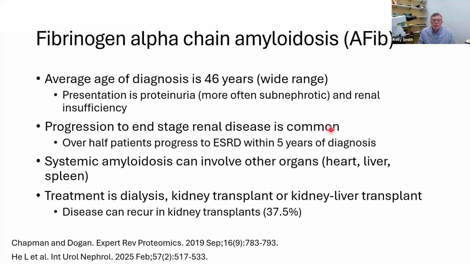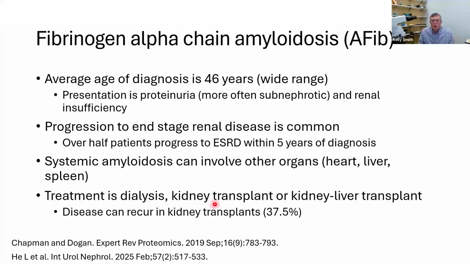Progression to end-stage disease is common, and after a diagnosis, over half of the patients progress to end-stage disease within 5 years. The systemic amyloidosis can involve other organs, and heart, liver, and spleen are some of the more common sites. And treatment is really fixing the end-stage disease.